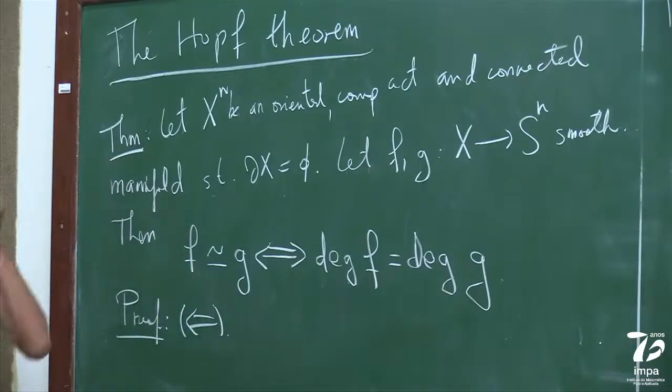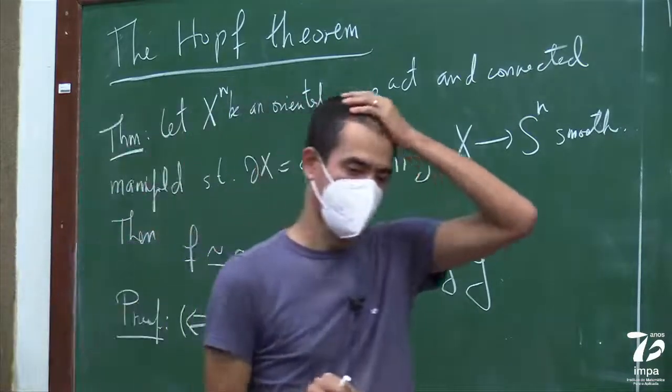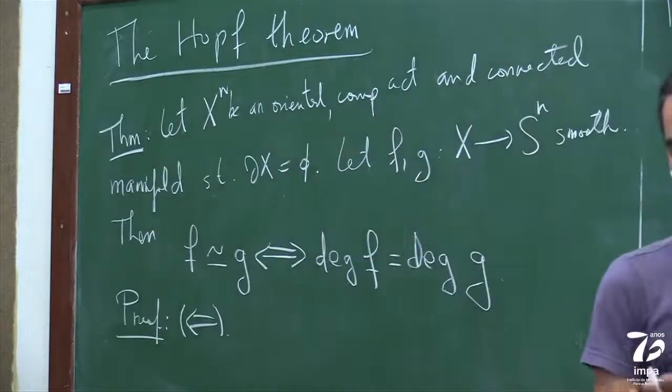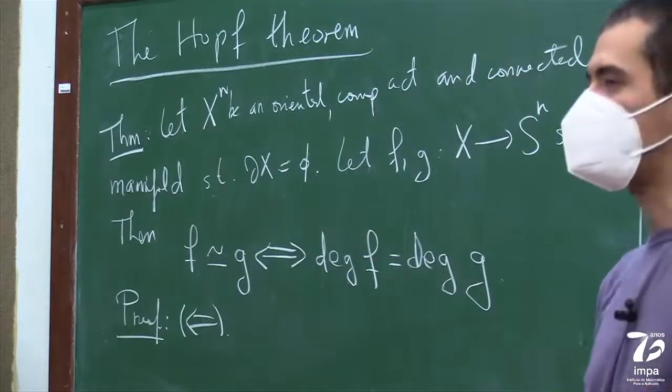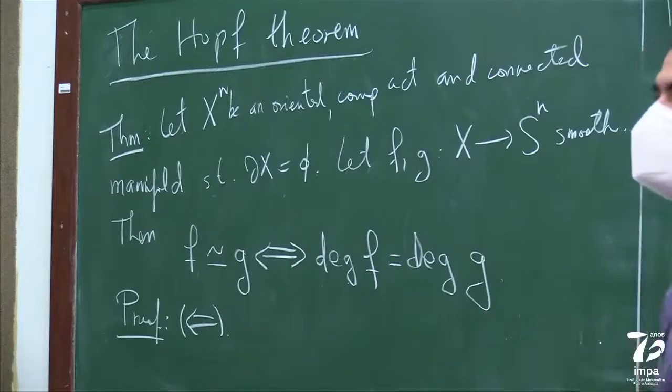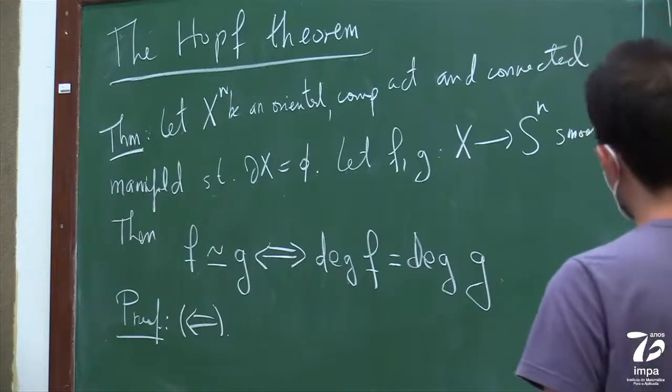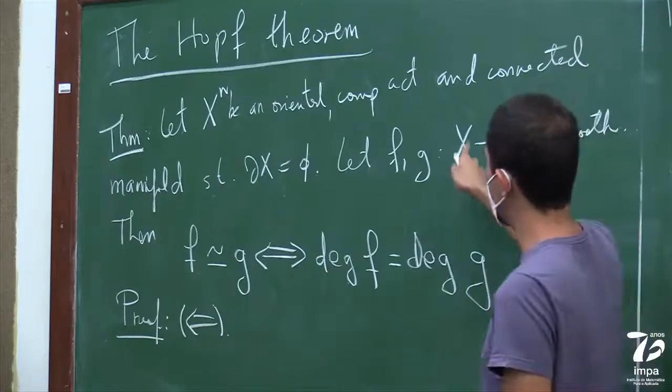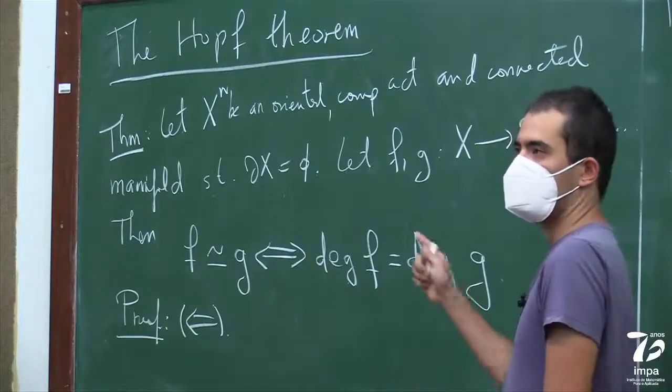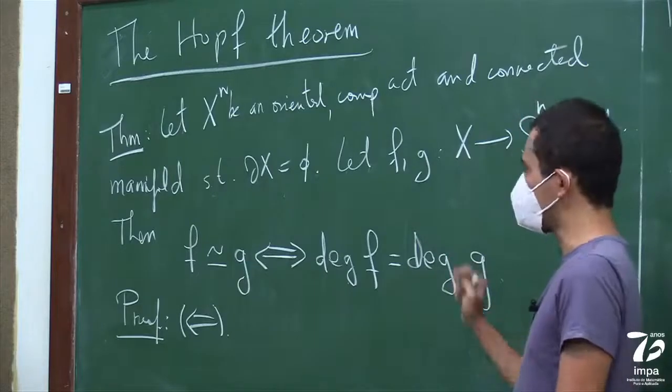Okay, so now I'm going to diverge a little bit from Guillemin and Pollack, and I'm going to do a different proof, which will be kind of an inspiration to what we'll do next time, which is a generalization of this result. So before I start the proof, let me just tell you what we're going to do next time. We'll basically look at maps from manifolds of higher dimension than n into S^n. And there is a similar result.